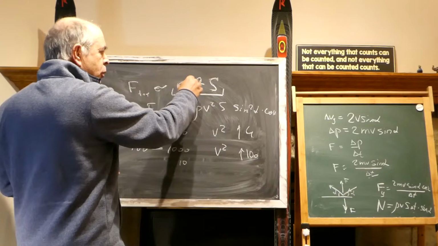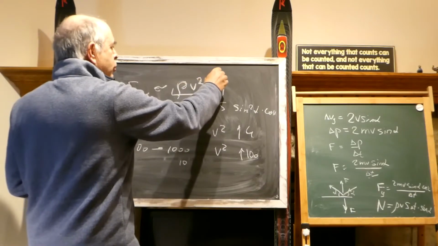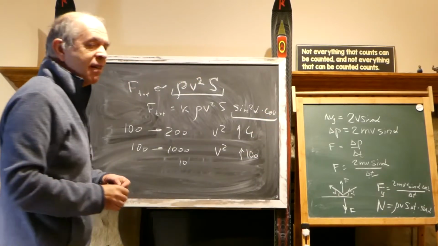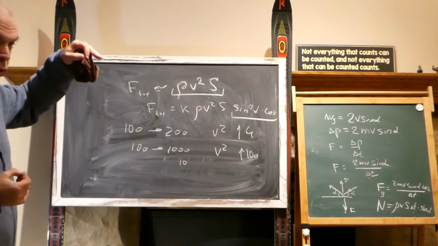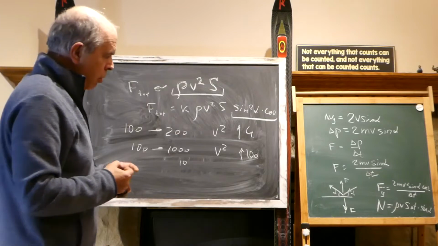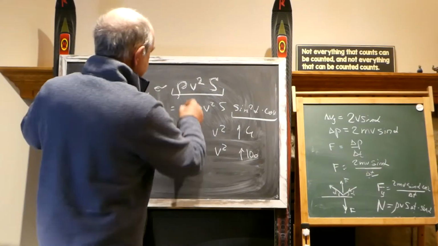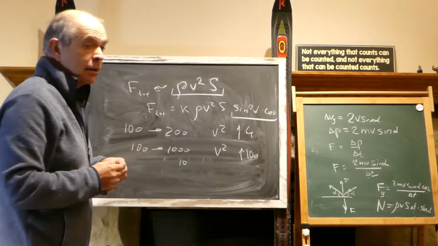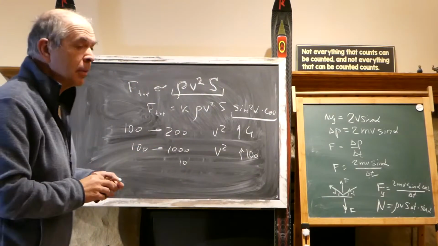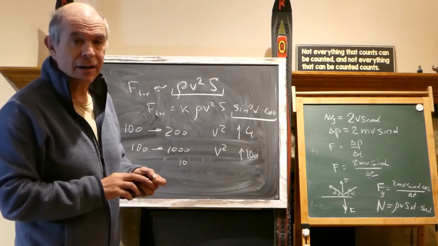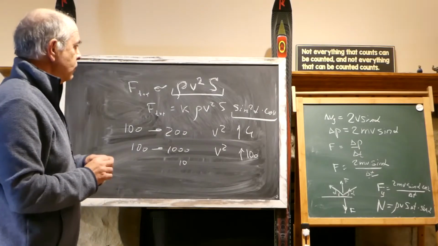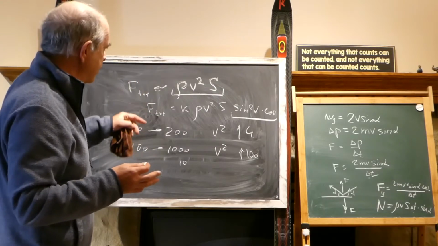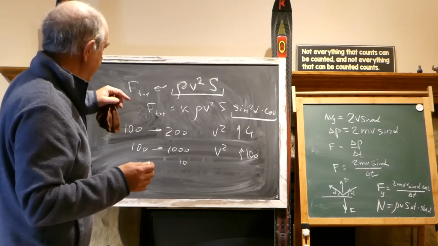If v squared is 100 times more and s is the same, this thing has to be manipulated very, very precisely to reduce the lift. So we have this dependency on v squared that creates a lot of real practical problems for real practical aircraft. I can talk about cruise missiles, but let's not go there because it's another level of complications.